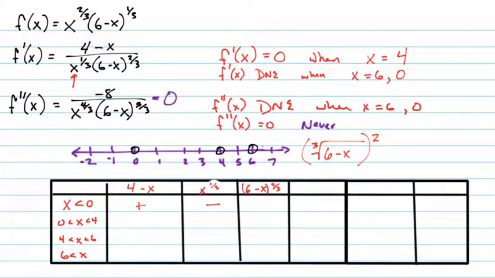A positive result. So we have 3 basic terms in our first derivative, and for this interval, one of them is positive, one is negative, the third is positive. So what's the overall sign of f prime on that interval? If you got a positive over a negative times a positive, what does that give you?